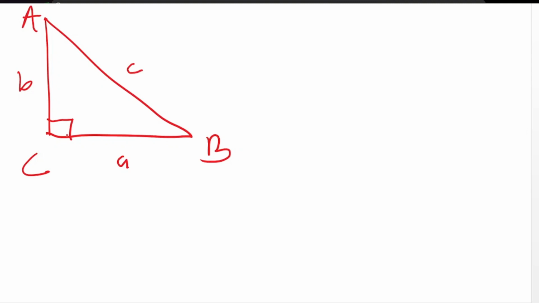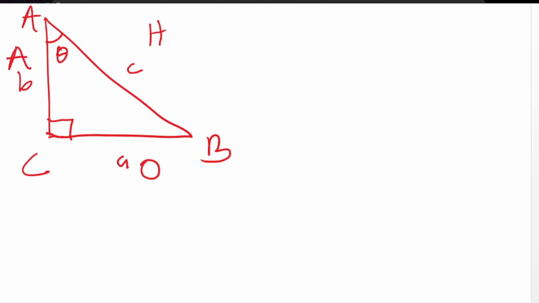Don't forget that the side facing the right angle is the hypotenuse. We've explained that in detail before. The side facing the angle we're looking at, theta, is called the opposite, while the other side is the adjacent. I hope this is very clear.